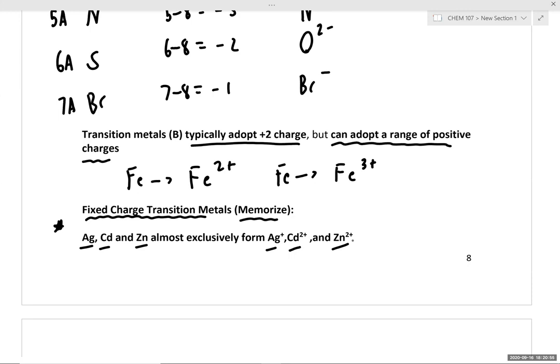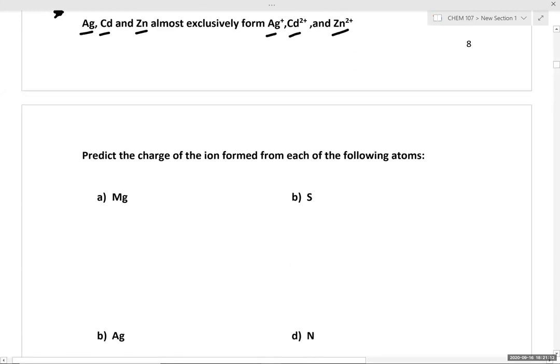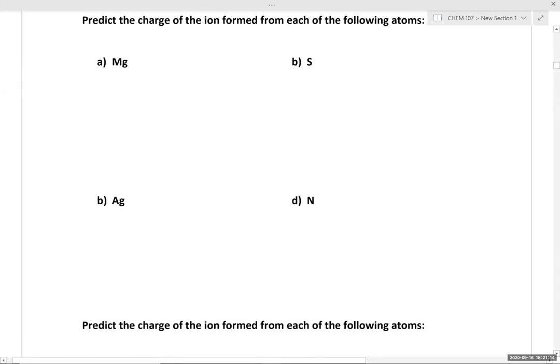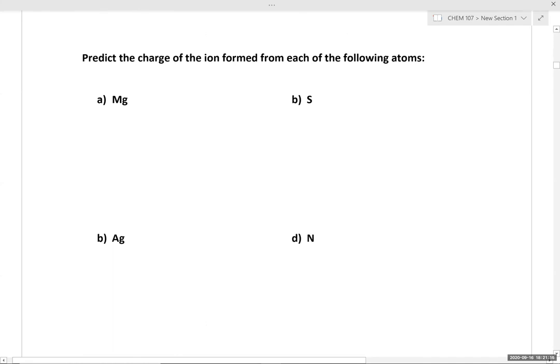So, any questions so far? Okay, so let's take a moment and let's predict the charge of the ion formed from each of the following atoms.